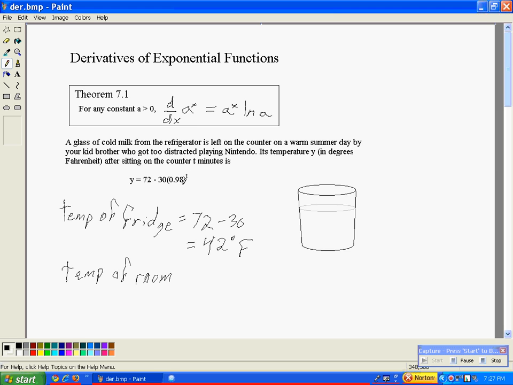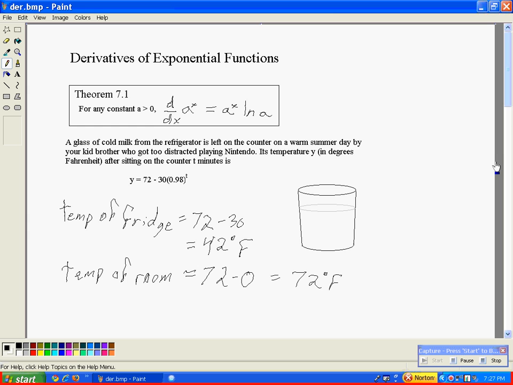Remember, it's less than 1, so any number less than 1, when the exponent is a huge number, goes down to 0. It gets less. So if this is essentially 0, 0 times 30 would be 0. So that would be 72 minus 0, which equals 72 degrees Fahrenheit. Okay.